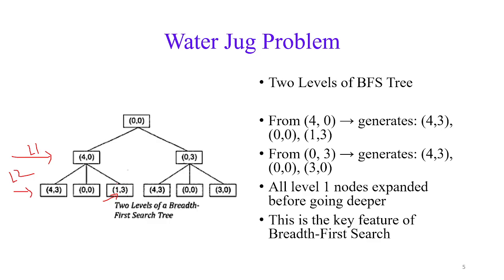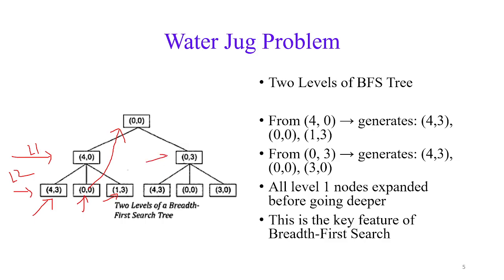This is one of the rules. Second, we can simply fill the 3-gallon jug, since the 4-gallon jug is already filled. Otherwise, we can empty the 4-gallon jug, which gives this state. But the state 0, 0 is already visited, so we have to skip it.